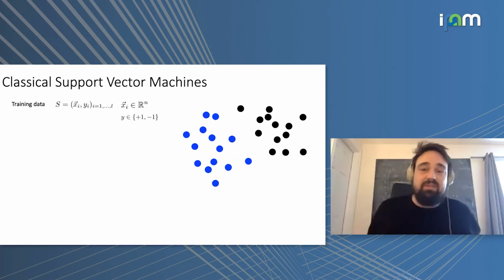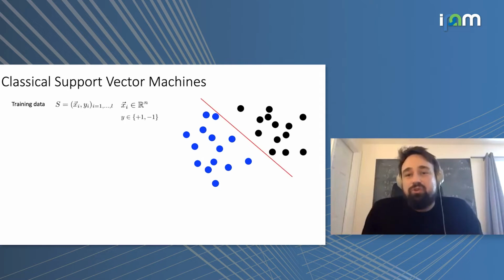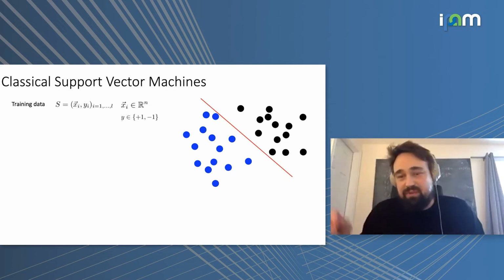In the simplest setting, imagine you have 2 point clouds, one on the left, one on the right, and you want to come up with a classifier. The simplest way you can classify that is by just drawing a line that separates those 2 clouds. Everything to the left of the line is +1, everything to the right is -1.